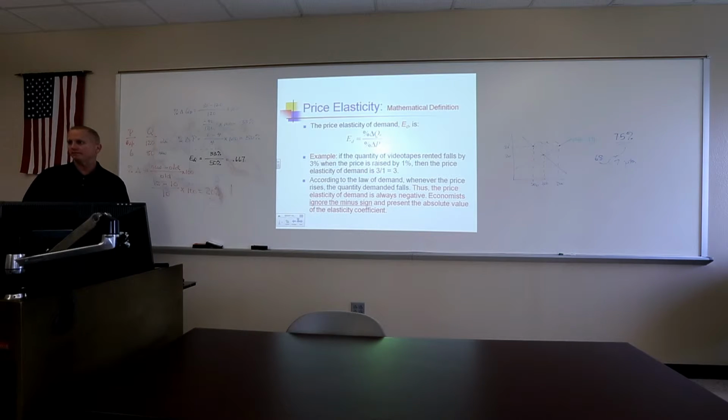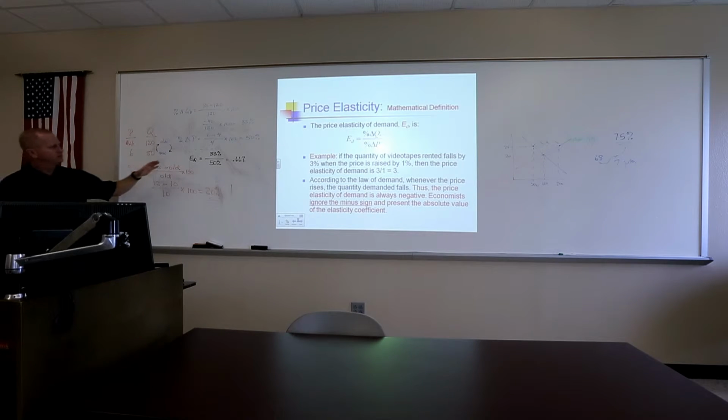Does anybody see a problem with this formula and the way you do it? Kind of a loaded question. There is a problem with this. Because what if I changed these two things? What if I said that the new amount was the top row and the old amount was the bottom row? Then you're going to get a different answer. So what economists have come up with is an average.